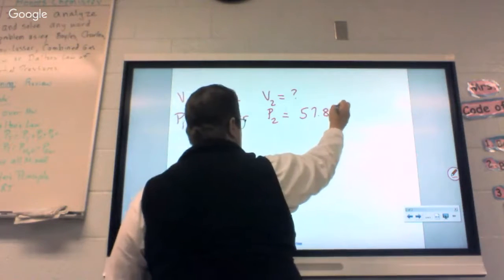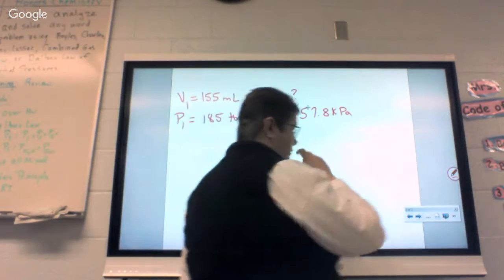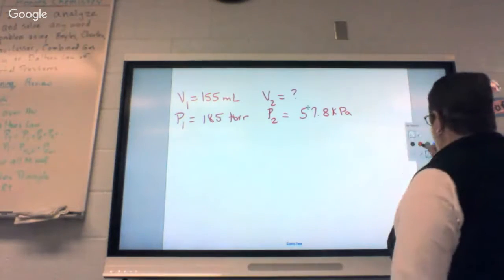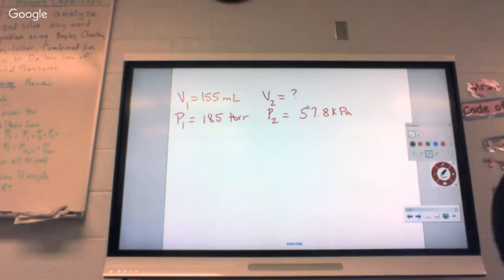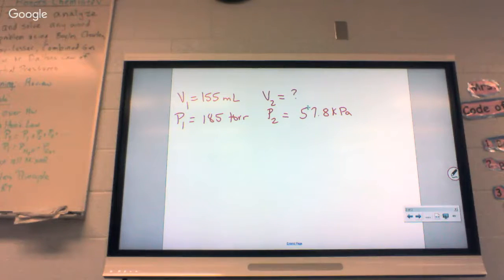So the discussion that was going on a minute ago was about the units and making them match. Does it matter which unit you pick? No. Some of you were saying, can I change it to torr? Yes. Can I change it to kPa? The answer is yes. It doesn't really make any difference. So which one did you pick? Some of you chose kPa.